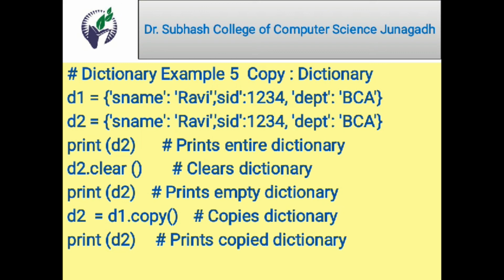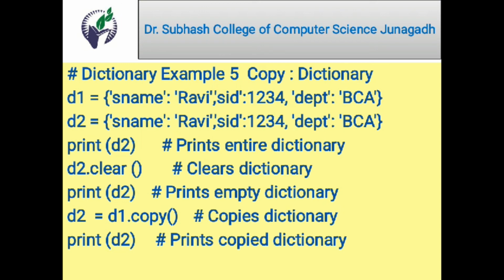After this, D2 equal to D1.copy will copy each element of D1 one by one and create a dictionary, which will be assigned to D2. After this print D2, it will print the copied dictionary. So it will contain the same elements, student name Ravi, that we deleted earlier with D2.clear. It creates a copy from the existing dictionary D1.